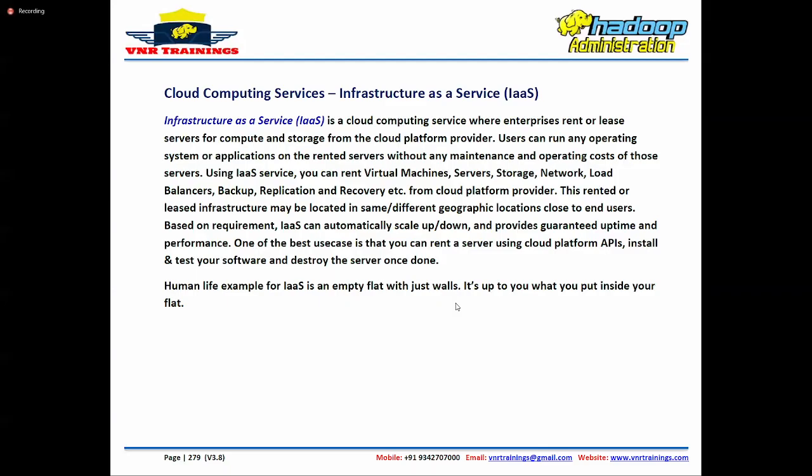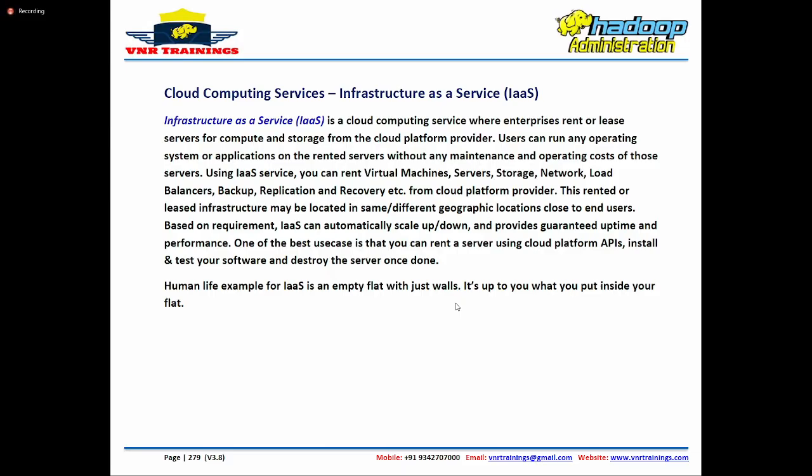What I will do is take one virtual machine from the cloud in the IaaS model. They will give me a plain virtual machine. Inside that, first I will install my OS, whatever OS I want.